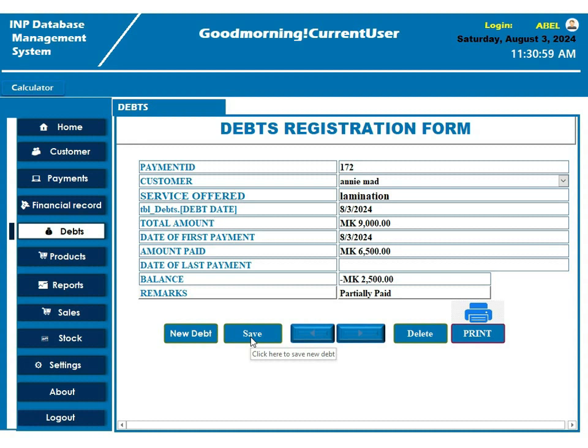Now it may happen that it has taken a long time before payment, so you can remind the customer, since you have the information of your customer. You just click this button.